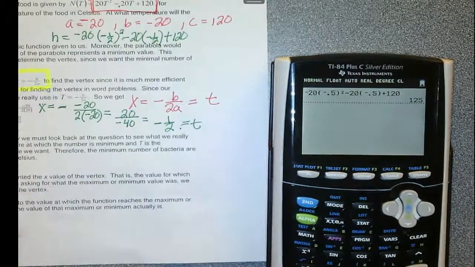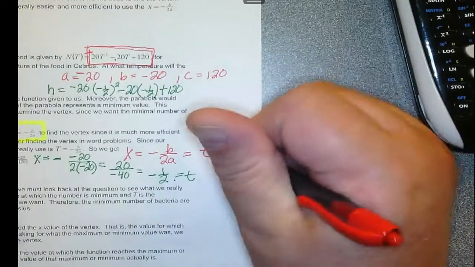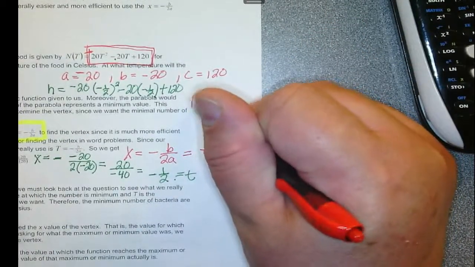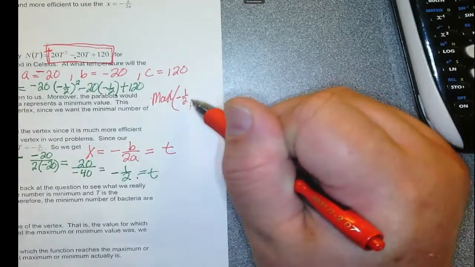And I get 125. So it reaches a height of 125. So my max is going to be negative 0.5 or negative 1/2, comma, 125.